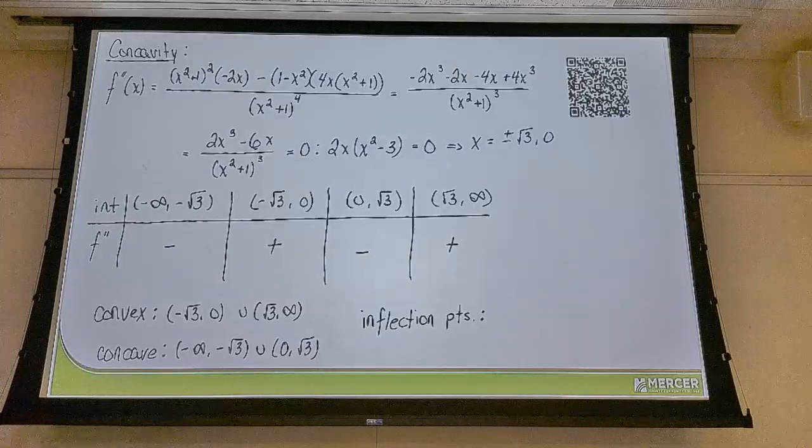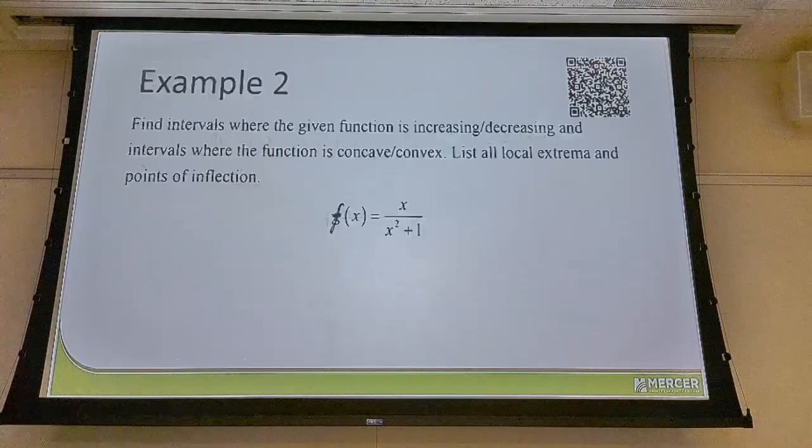First inflection point at negative root 3. At least the square is in the denominator. So that's 3 plus 1, which is 4. This is negative root 3 over 4. Thankfully, this isn't a terrible function.